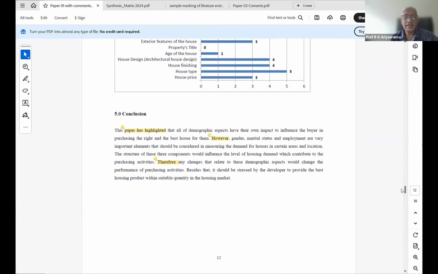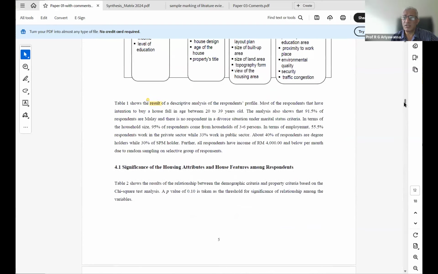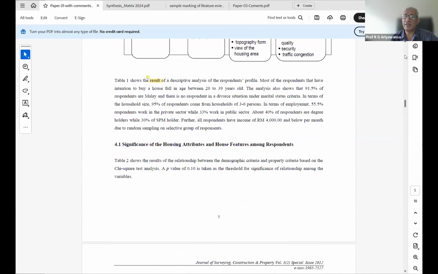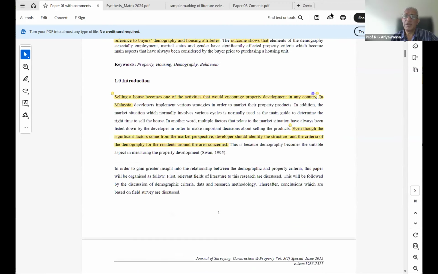So you can learn a lot. Therefore, reading and reviewing literature is very, very important.